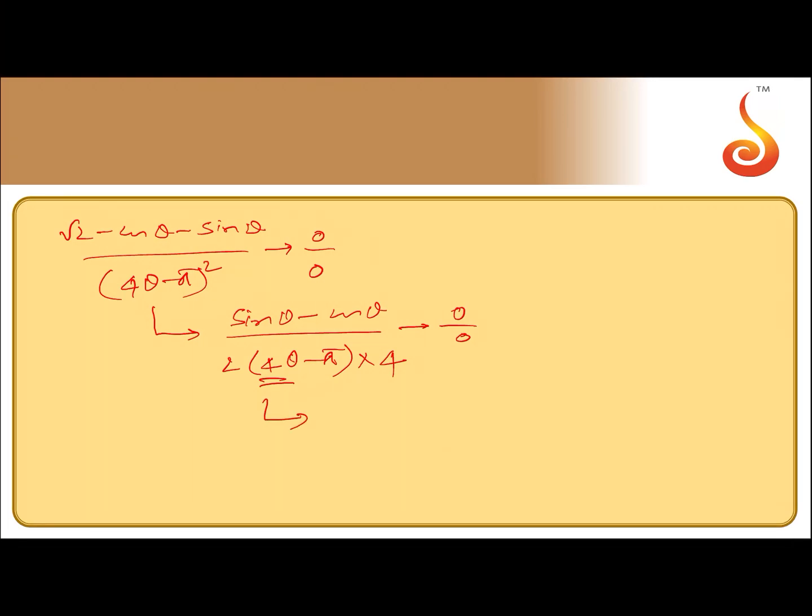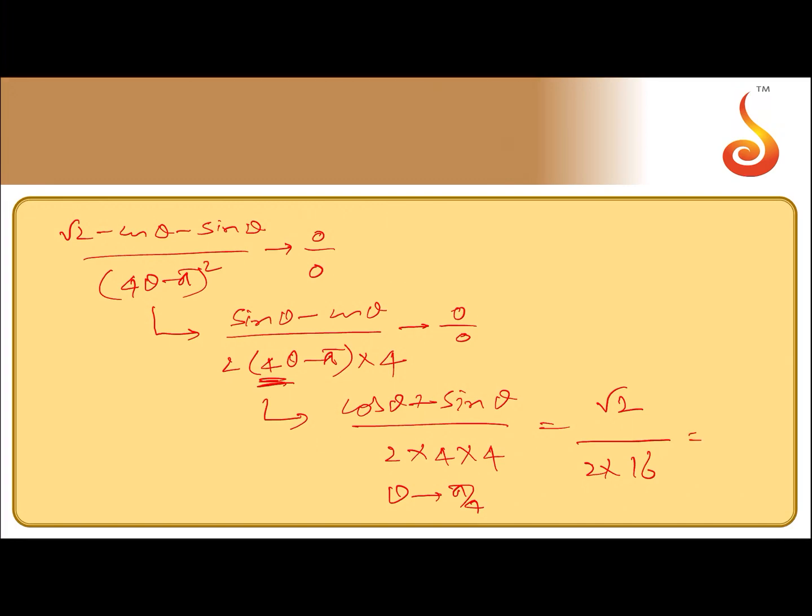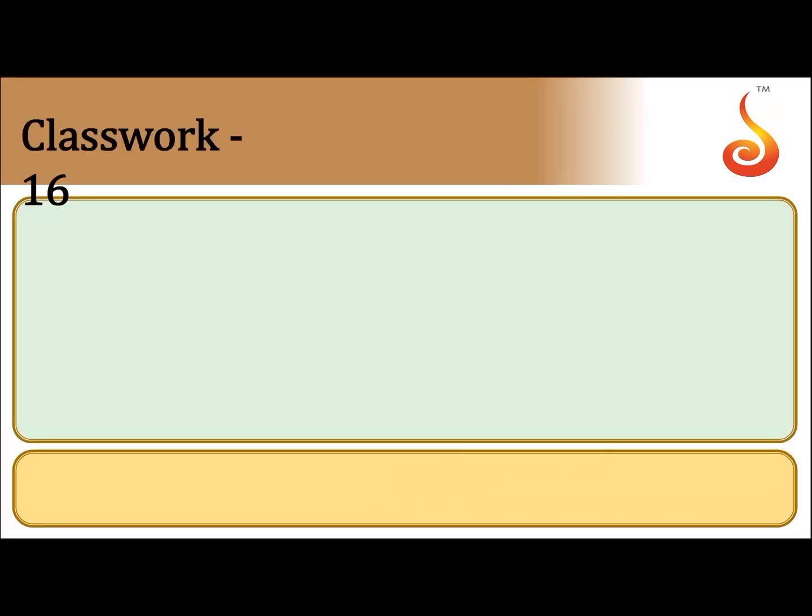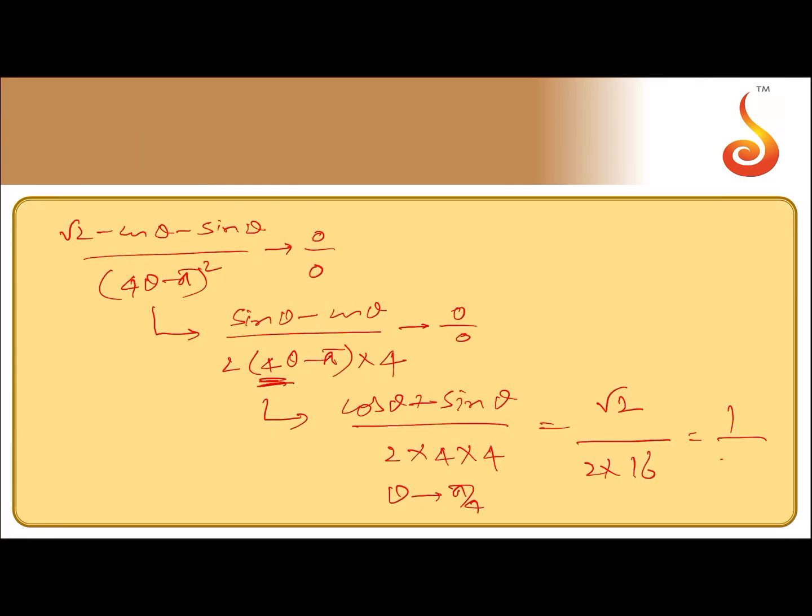I can apply the derivative technique, thereby getting cos theta plus sin theta divided by 2 multiplied by 4 multiplied by 4. And therefore theta tends to pi by 4 implies root 2 divided by 2 into 16. So therefore the answer is equal to 1 divided by 16 root 2.